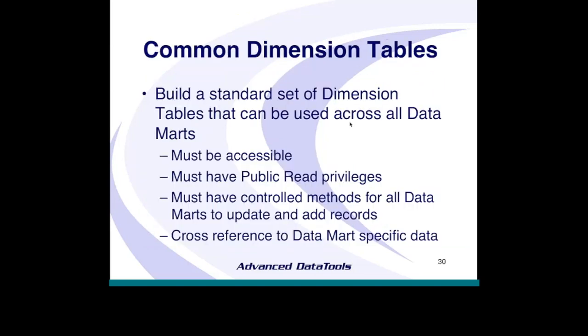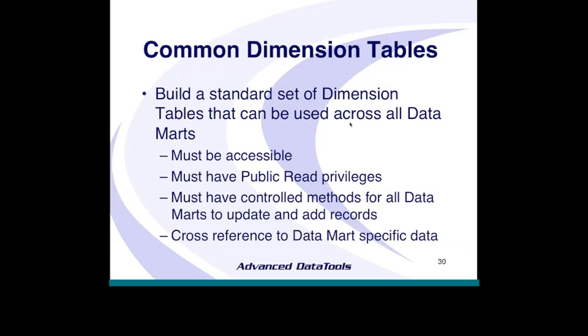Now, for common dimension tables to work, one of the first rules is they have to be accessible. Users have to be able to read them. I worked with one client that had this big project to build a set of common dimension tables. But then they locked them up in a database, didn't tell anybody about them, and no one had access to them except for the 3 or 4 DBAs who built them. They came back to me about a year later and said, we've got these common dimensions, why is no one using them?